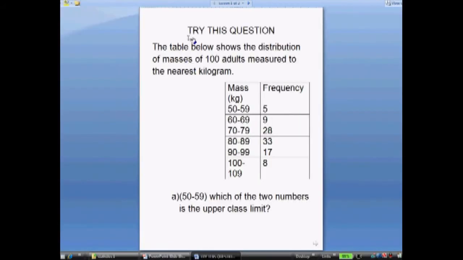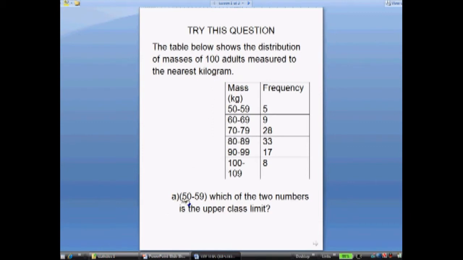Now we're going to go straight into our try this question. But before you do this question, make sure that you understood what was shown to you in the video clip. Okay, so here's our try this question. The table below shows the distribution of masses of 100 adults measured to the nearest kilogram.